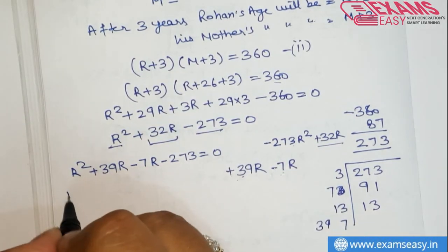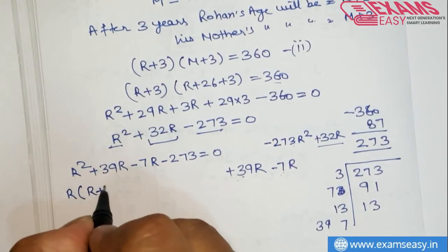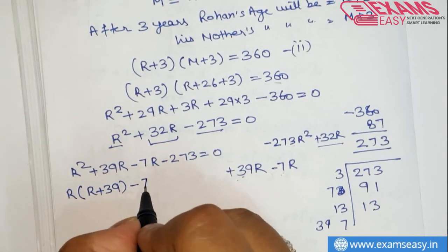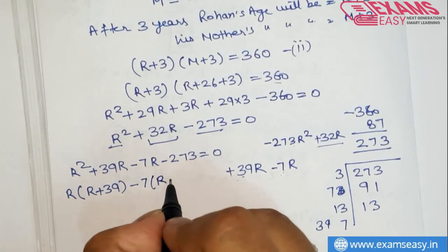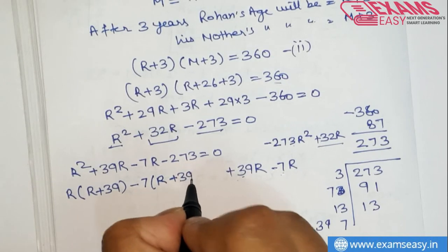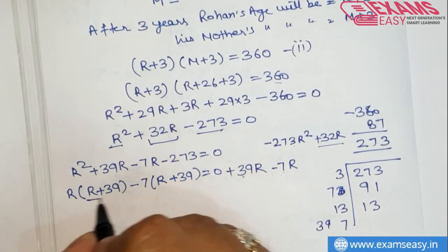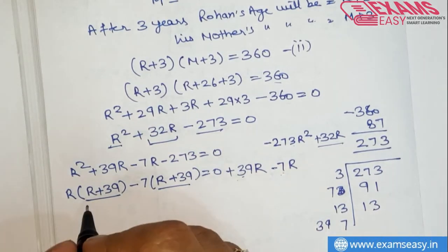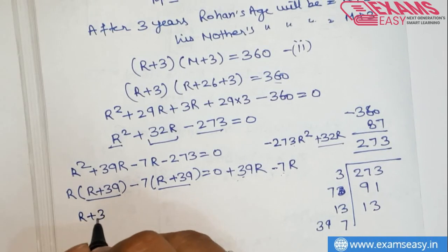We take R common, so it will become R into (R plus 39) minus 7 into (R plus 39) is equal to 0. Since the term within the bracket is the same, we have done it correctly. So let us take R plus 39 as common.